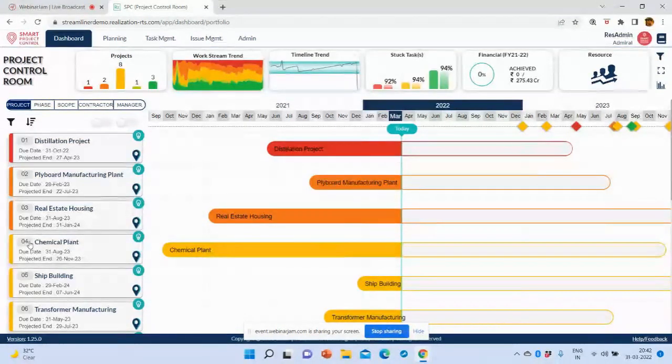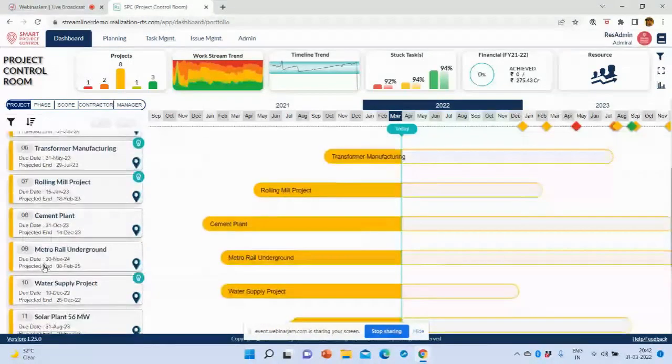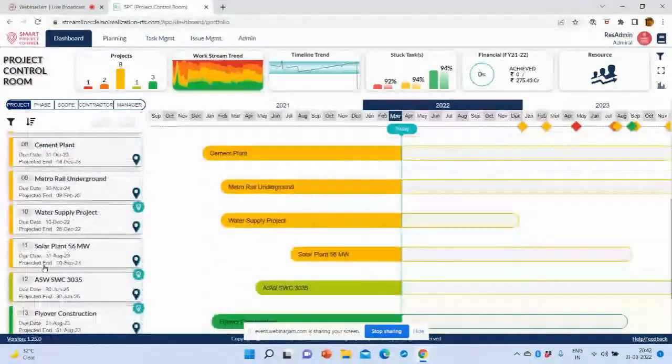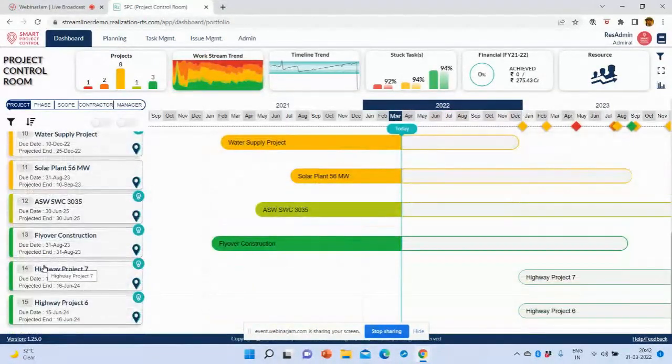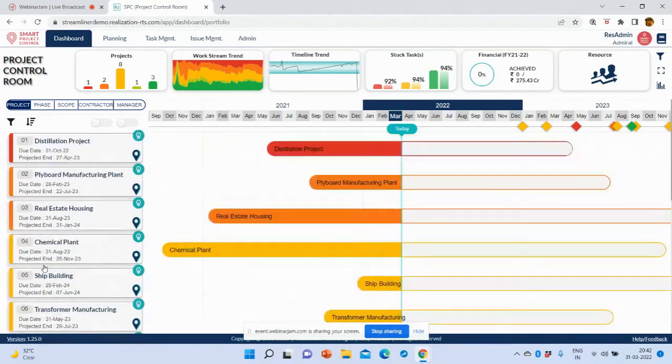While the oranges also have some amount of delay, the system is trying to tell you that it's not that big. Maybe there are a few decisions that you can take and you can still get your project back. The ones in yellow are going more or less on time, and so the project management team is able to take care of them. The ones in green are going ahead of time, so you don't need to worry about them if you don't have enough time to review all the projects in your portfolio. Now we'll get into the distillation project.